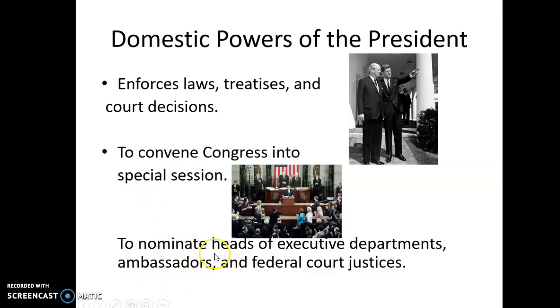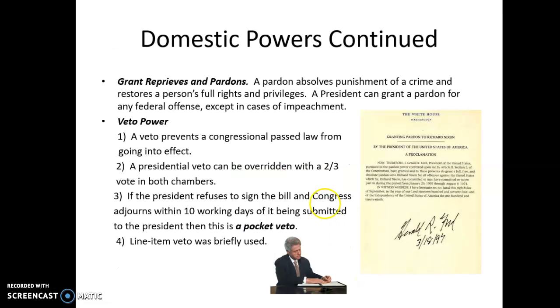And also powers of the president to nominate heads of executive departments, ambassadors, and federal court justices. So if the president nominates them, Congress will confirm those appointments.